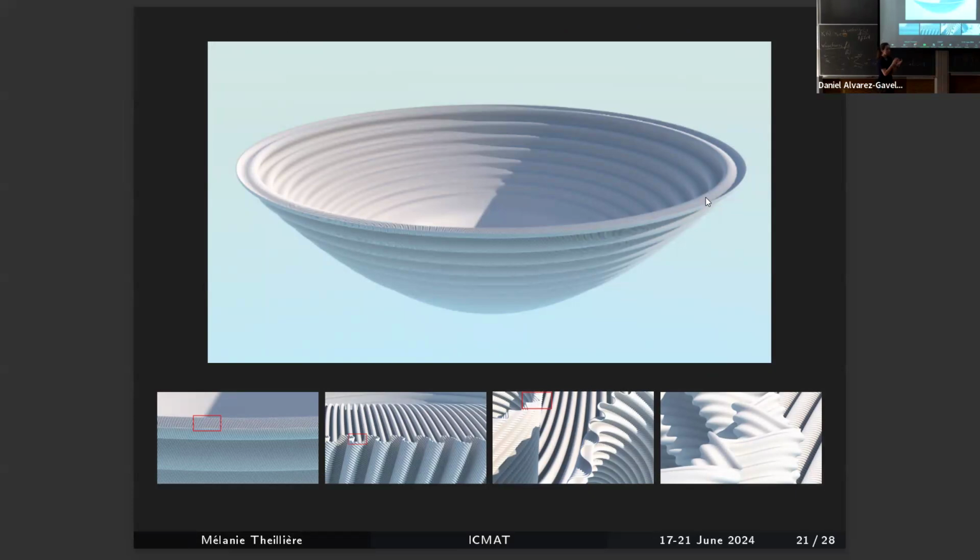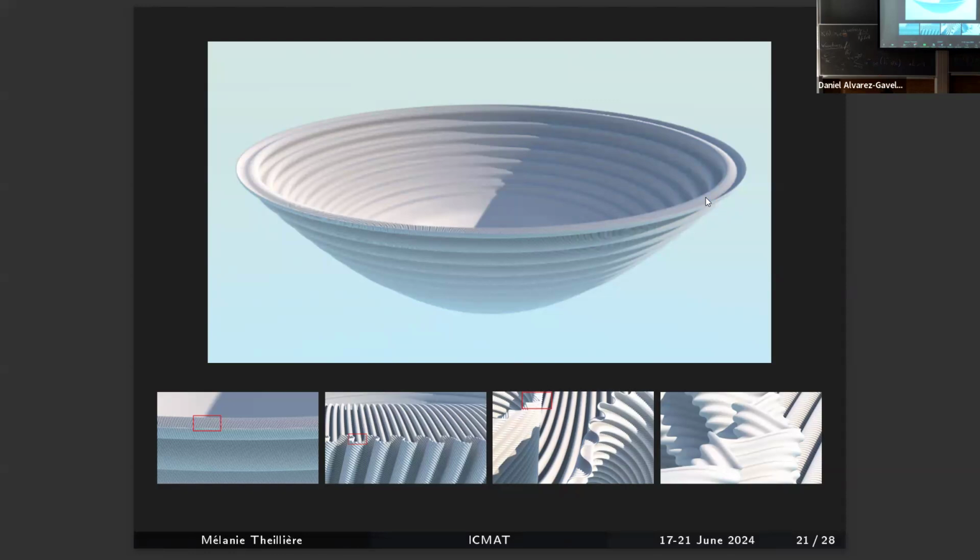So again, usually we are epsilon close to the initial surface. Here we see that the initial surface is not the disk, but for the explicit construction we choose the down part of a parabola to have a nicer parameterization. We choose this kind of surface, and we have corrugation.